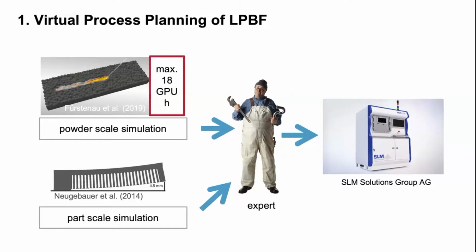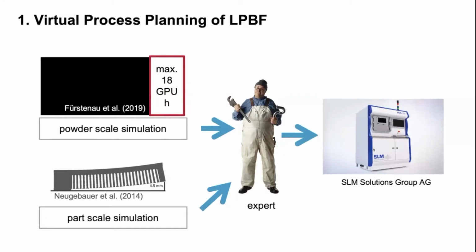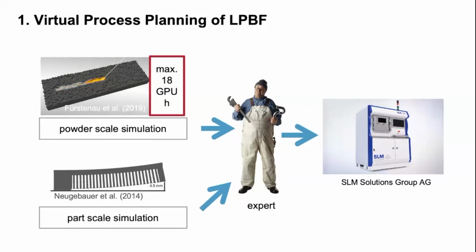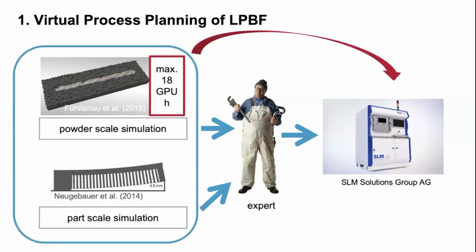And so he or she has to decide which information to pick and how to deal with it. It would be, however, very helpful for the expert if he or she could add some design assistance here, which would help to implement this knowledge gathered from the powder and part scale simulation directly into the machine.